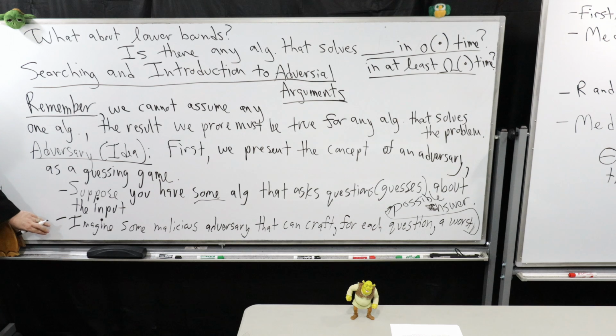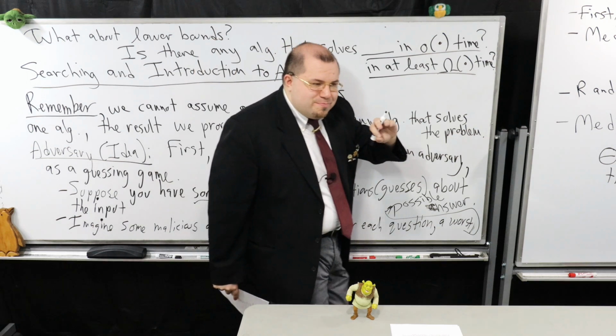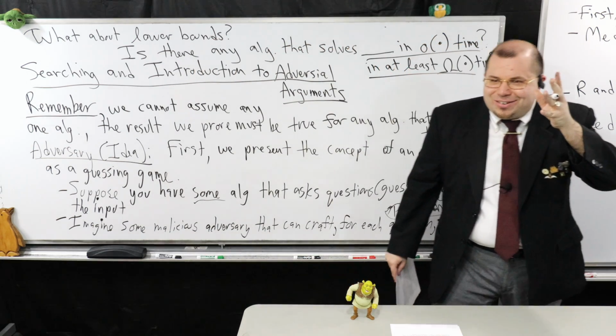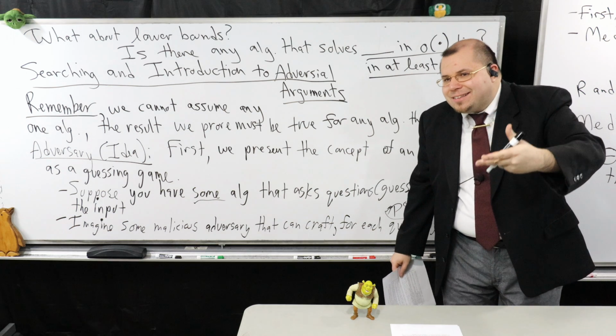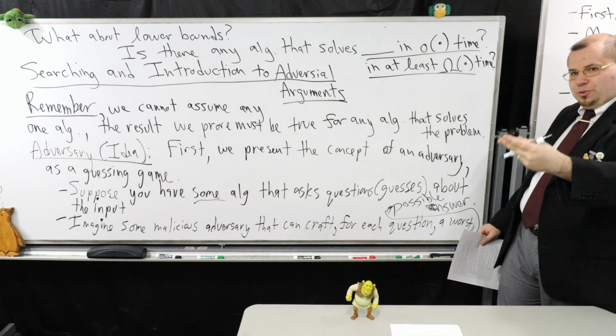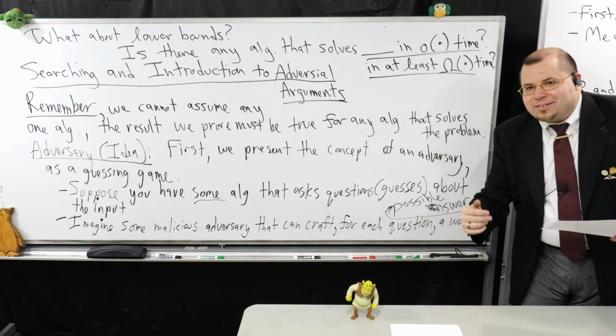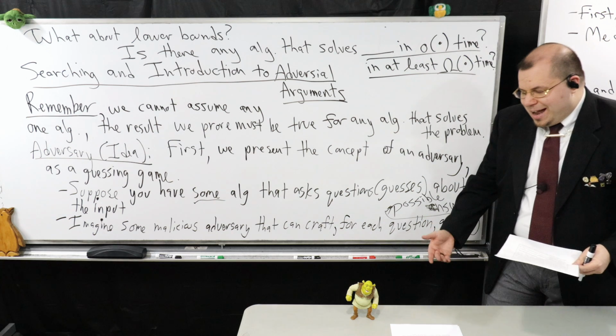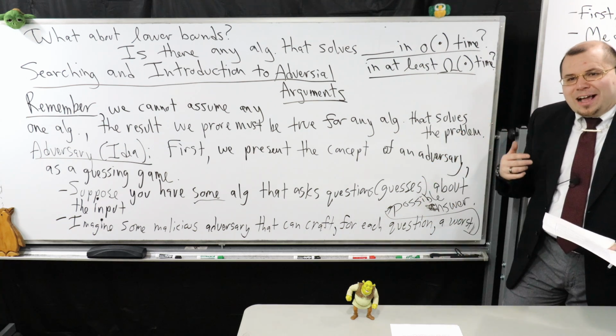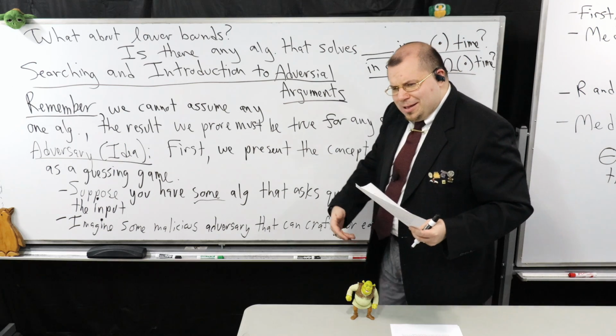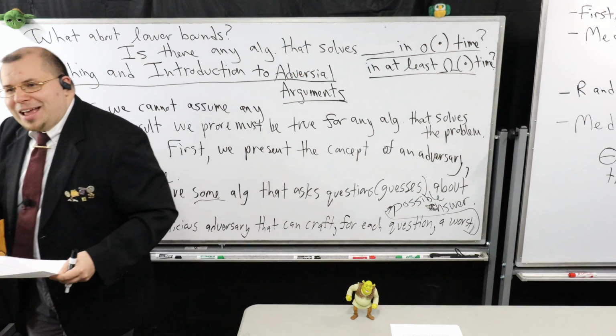What's going to happen is this adversary is going to cook up an instance, regardless of what the algorithm does, that's going to cause it to perform as many wrong answers as possible while still constructing an instance that is valid to solve the problem. Just like when I talked about my lovely adversary here. This lovely adversary, I'm asking to help me get out of the swamp of this nondescript character.